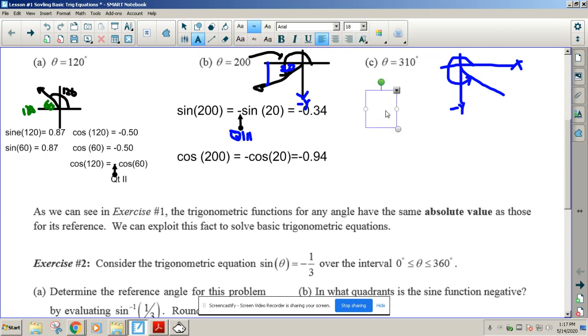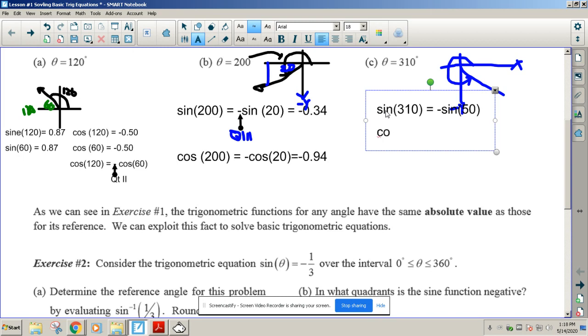So now we have the sine of 310 degrees is equal to negative sine, and now we have to reference to 360, which would be a 50-degree reference angle. And we'll type that in to see what that makes.